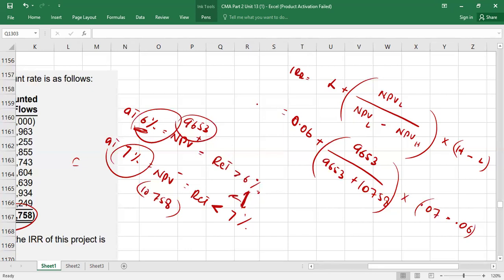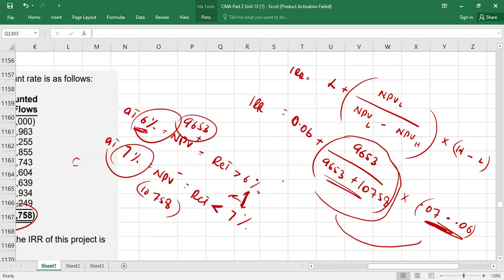How will you solve it? First, solve this area I'm highlighting on your calculator. Take 9653 divided by the sum of these two values. Whatever answer you get, multiply it with this difference, 0.07 minus 0.06. Let's try it.